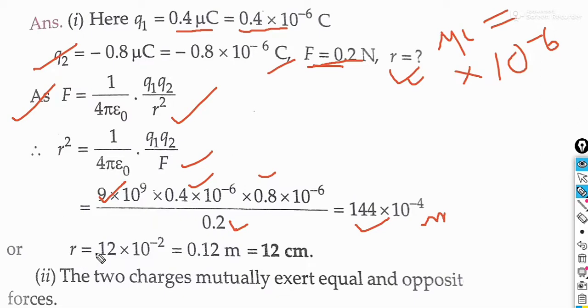So r is equal to 12 into 10 to the power minus 2. How 12? We simply take the square root of r square, and we get 12 into 10 to the power minus 2, which is 0.12 meters, which we can also write in centimeters.